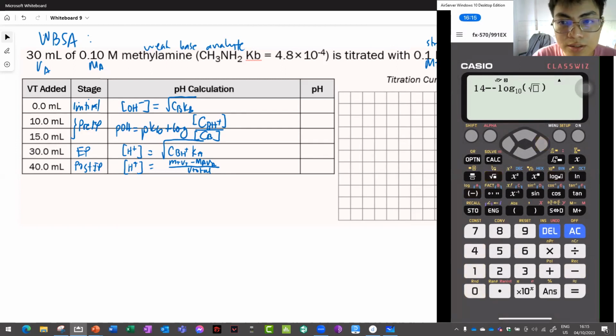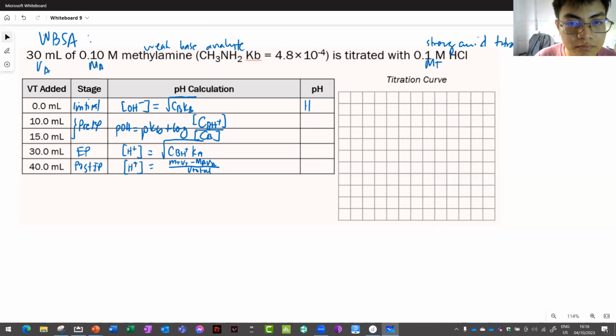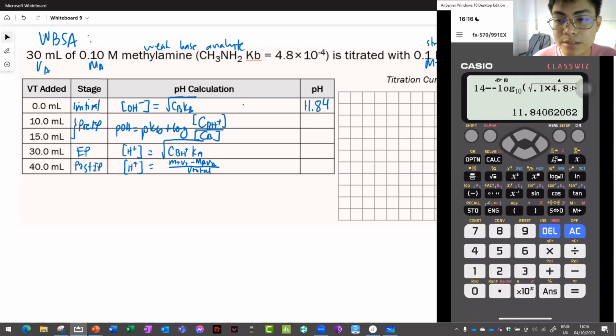What is the concentration of the base? 0.1. Kb is 4.8 times 10 raised to negative 4. When I press equal sign, the pH will come out. So it's 11.84.